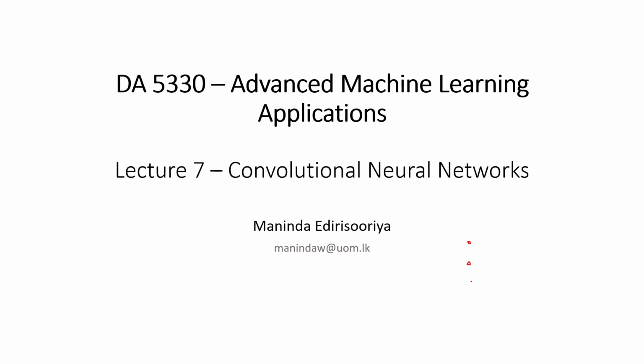For example, say you have three neurons in this layer and three neurons in the second layer and so on. In the fully connected neural networks, this neuron is connected to all three neurons in the second layer, right? This neuron is the same, it is also connected to all the neurons in the second layer, and so on.